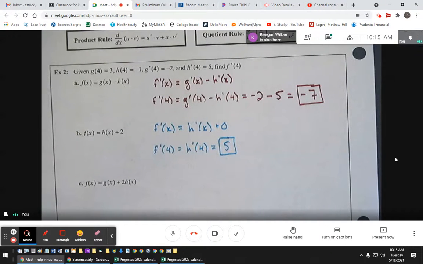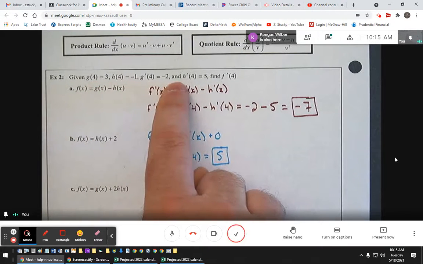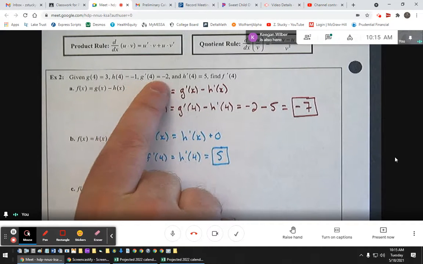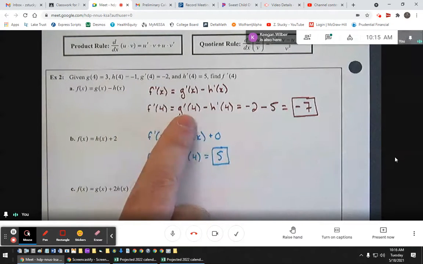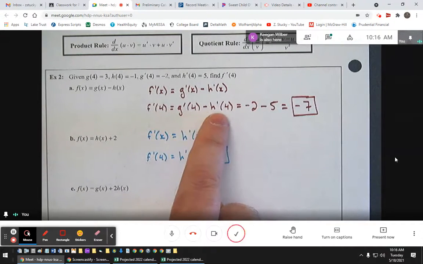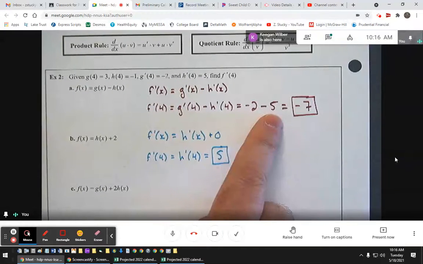Turn and talk with a friend. What the heck just happened? Yeah, about the first one. Where did the negative 2 and the 5 come from? So that came from the sparse information that they gave us. They told me that g prime was negative 2. So where g prime was, I put in a negative 2. Then there was a subtract, and then it said h prime. Well, they told me that h prime was 5, so I put 5 in there.